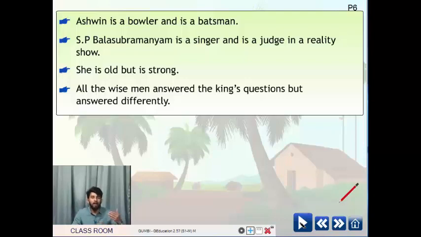So let us have a look at all these sentences again. Ashwin is a bowler and is a batsman. S.P. Balasubramaniam is a singer and is a judge in a reality show. She is old but is strong.